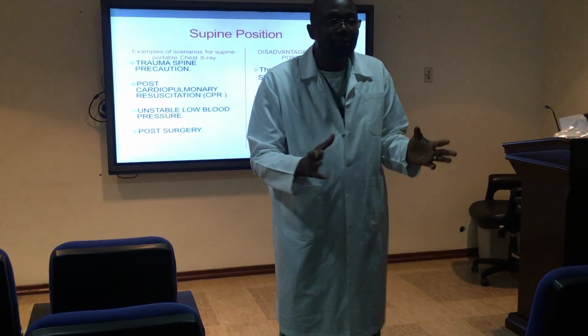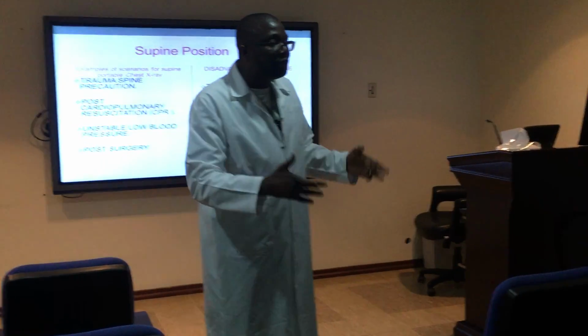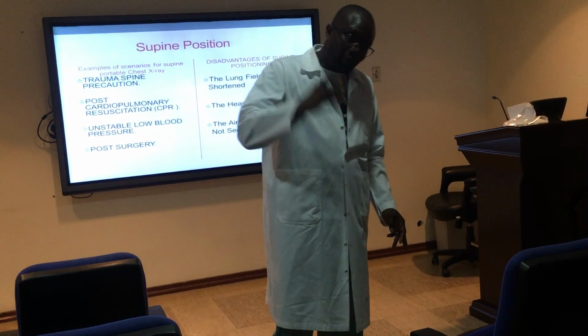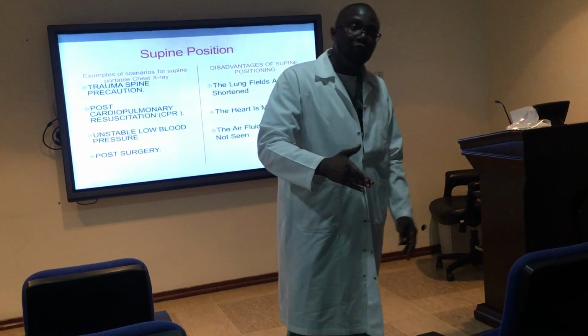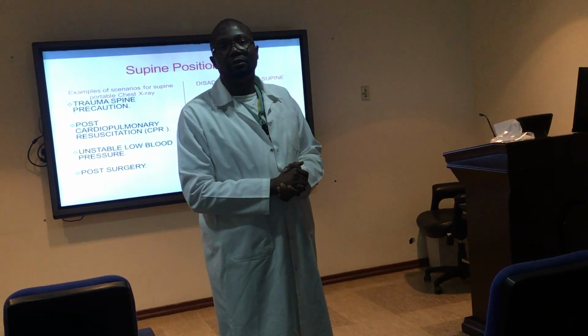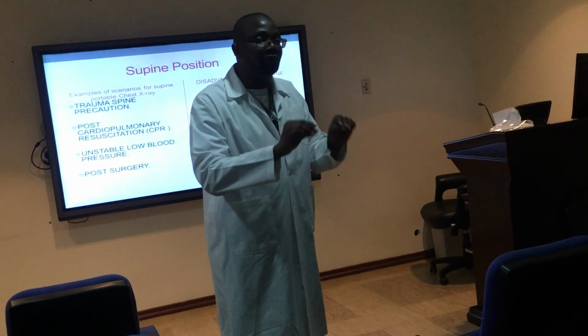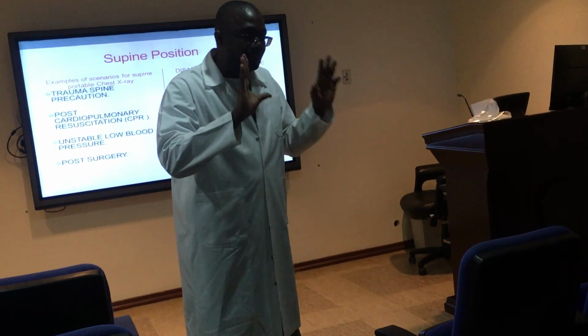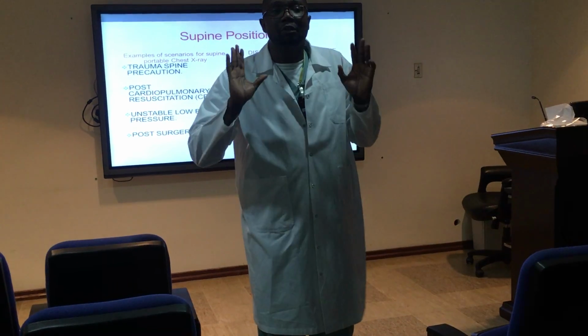We cannot move this patient. And the doctor needs to see the chest X-ray. As we all know, when a patient is brought to ER, one of the first things they have to do is chest and pelvic portable. Don't even argue here. Have in mind, the exam is going to be done supine.